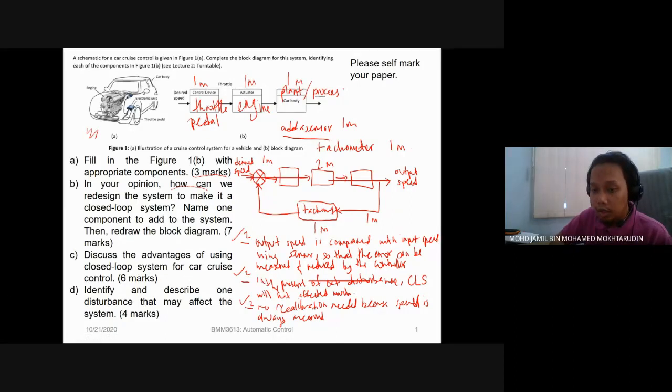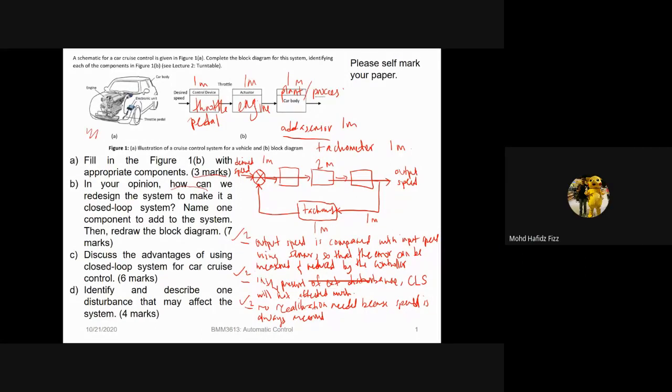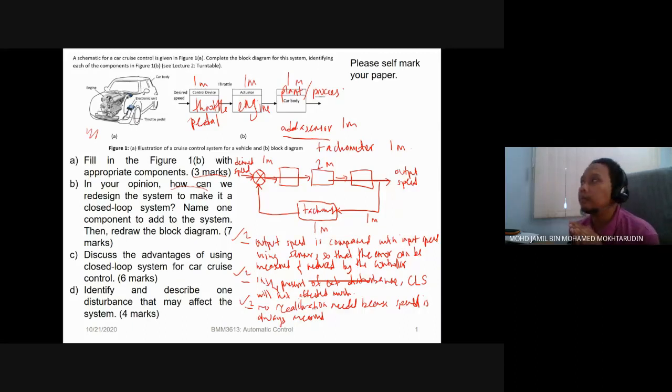So about accuracy, what sort of accuracy are you talking about? Doctor, the accuracy is because the question asks for the advantage of using closed loop. They are more accurate than open loop system due to their complex reconstruction. Okay, but if it is accurate, we must say accurate in terms of what.